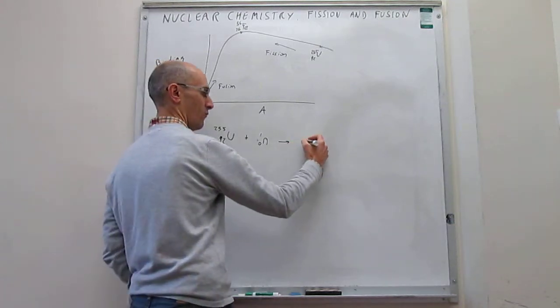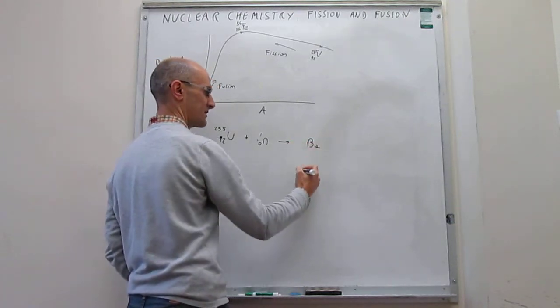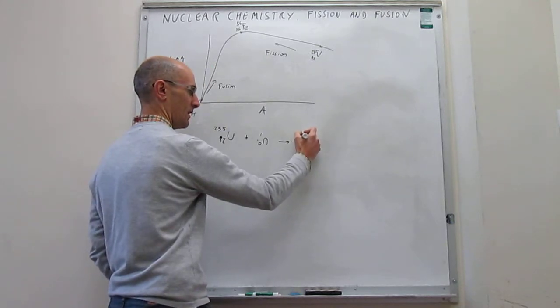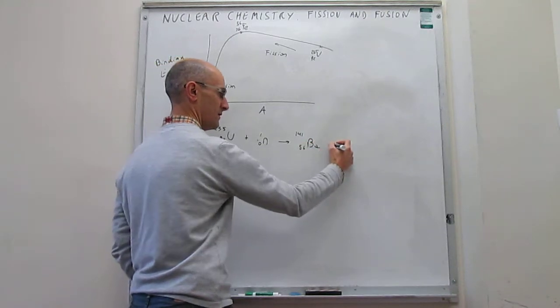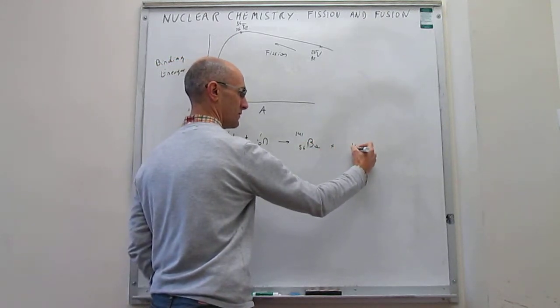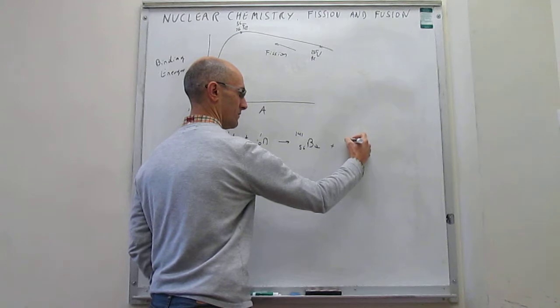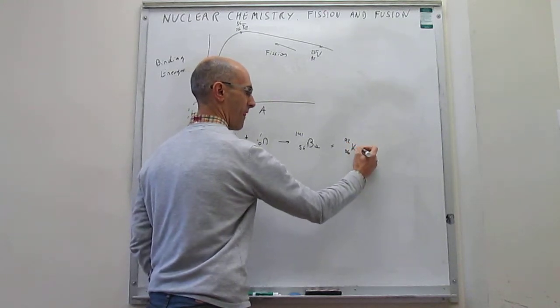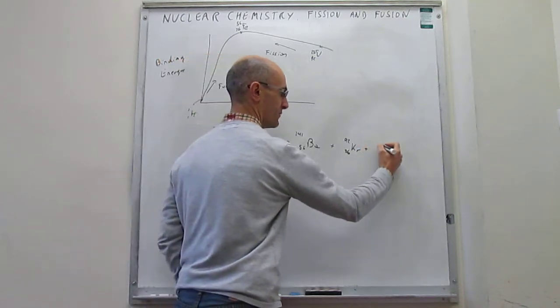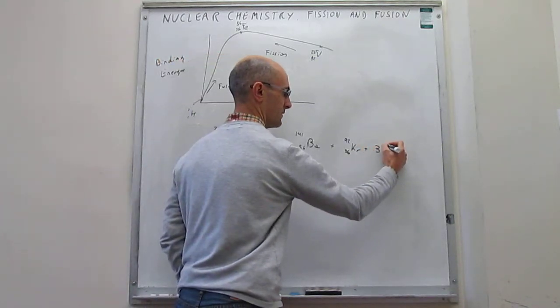One of the reactions that can take place here produces barium-141, and also krypton-92, with the production of 3 neutrons, and that is important.